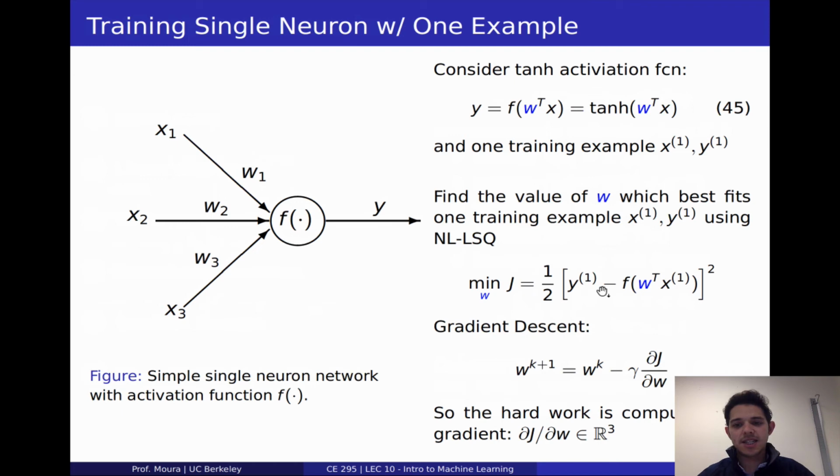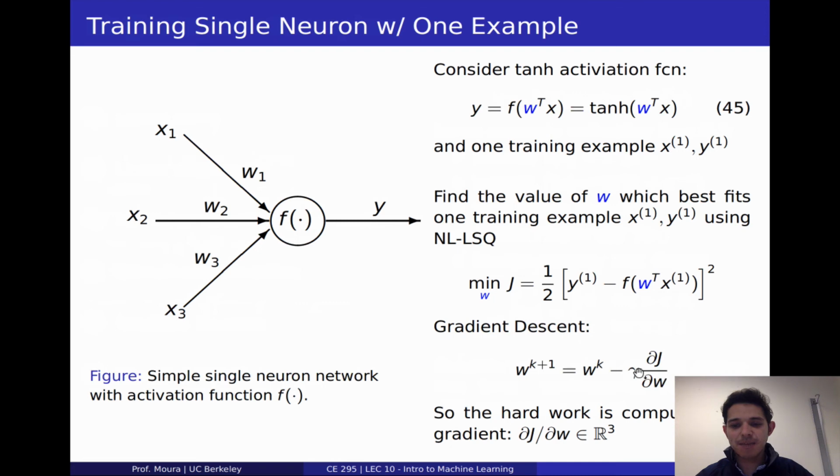So because of that, the tool that is typically used is gradient descent, hence why I wanted to briefly introduce gradient descent. So the algorithm to solve this nonlinear least squares problem is going to look like the typical gradient descent algorithm. If at the current iteration I have a value for w, we call it w^k, what I'm going to do is evaluate the gradient of J with respect to w at this current iterate.